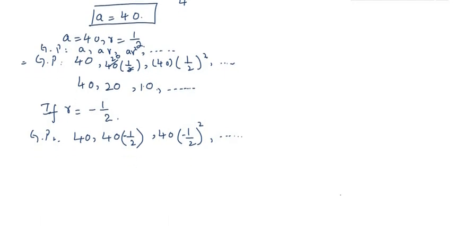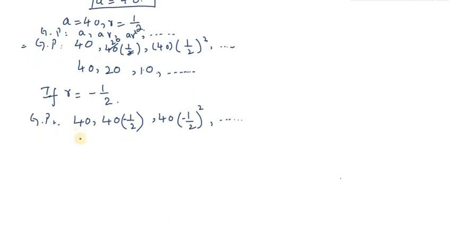So we get the geometric progression here: 40, minus 20, and here the power is even, so this sign will be positive, and we get 10. In the next term, we get a negative term, and alternate terms get alternate signs. So this is the required sequence.